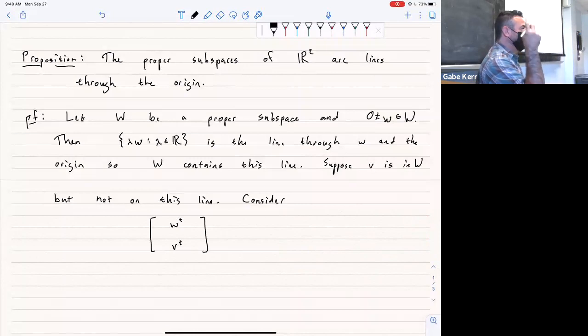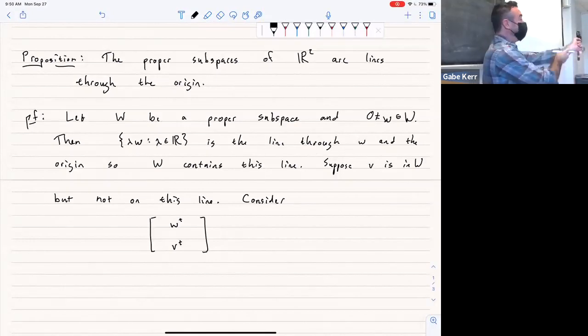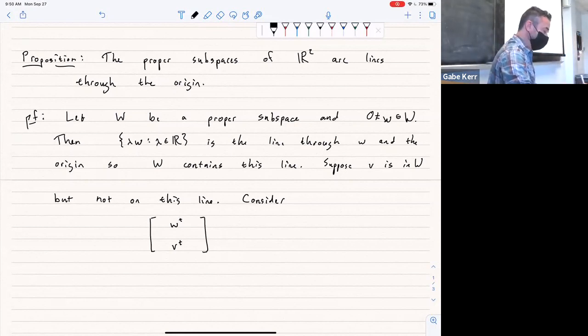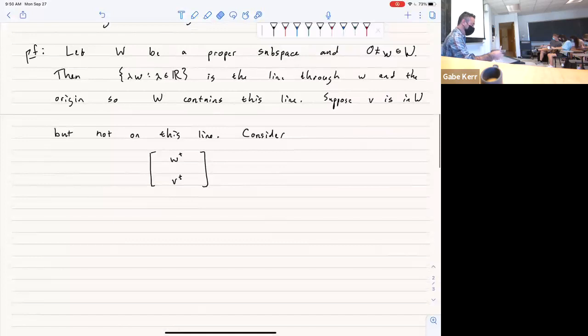It is invertible. So this is an invertible matrix. It's invertible. I'm not going to write that out, but I want to say this is invertible.